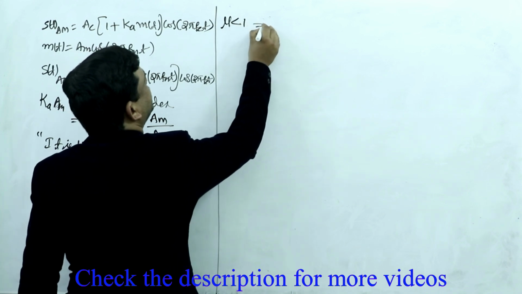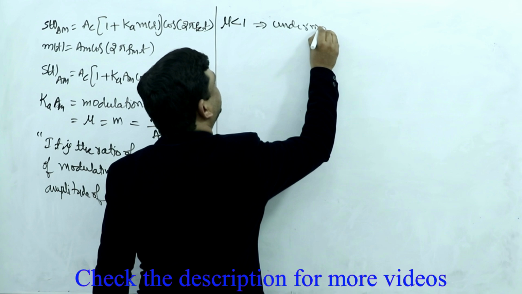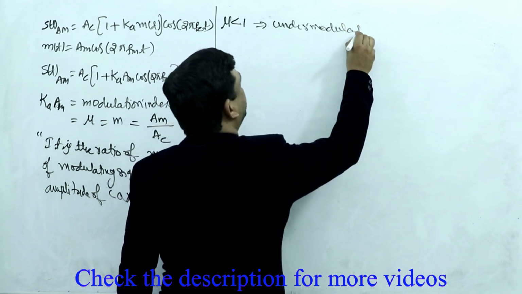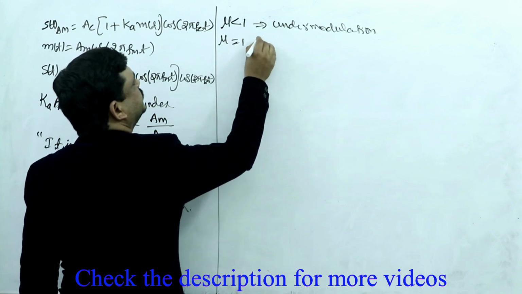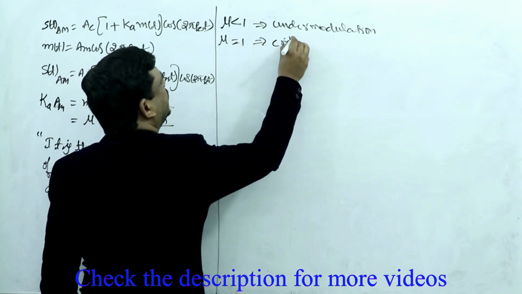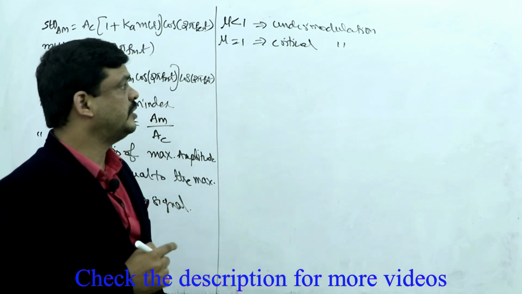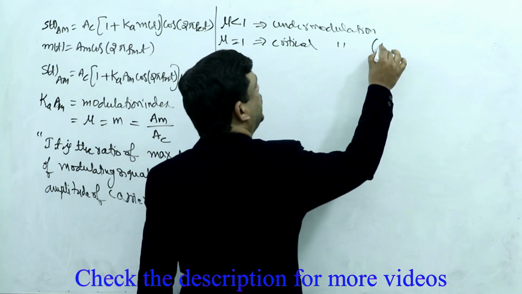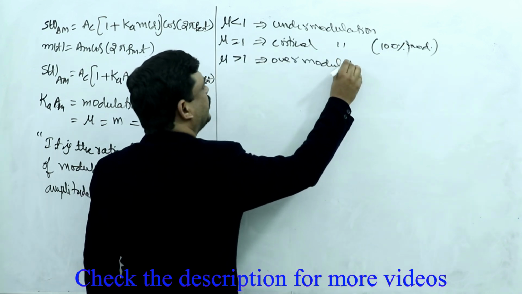If the mu value is less than 1, then the modulation is called under modulation. If mu is equal to 1, it is called critical modulation, also called 100% modulation. Greater than 1 is over modulation.